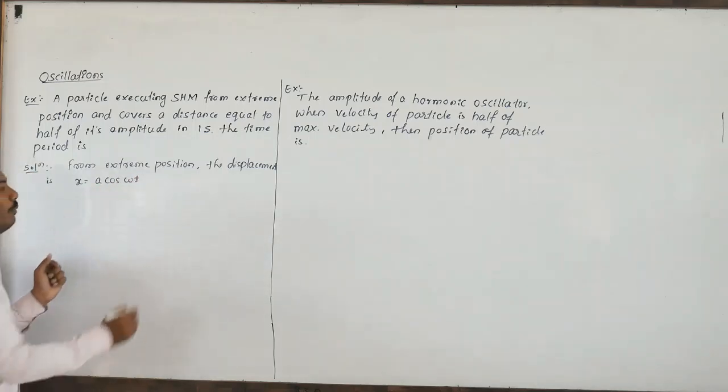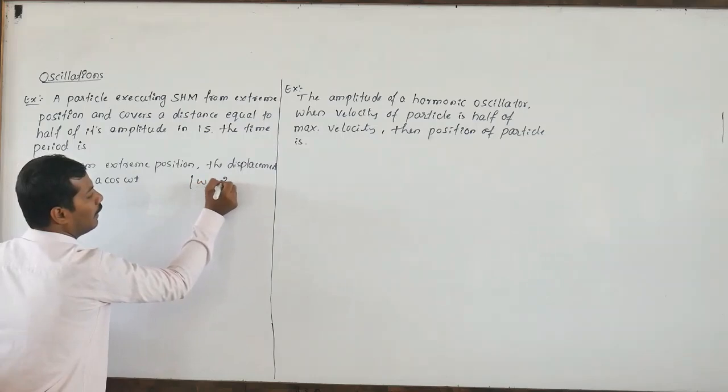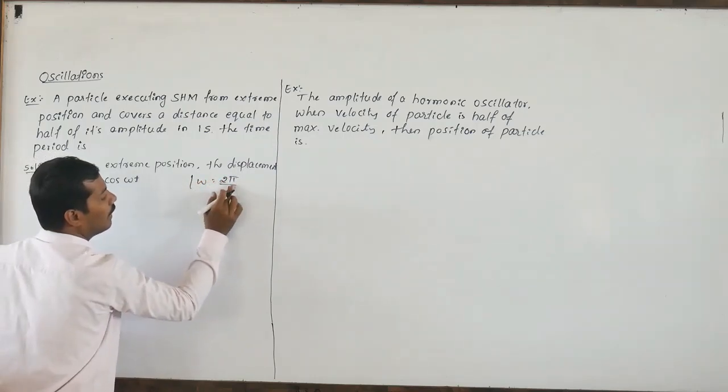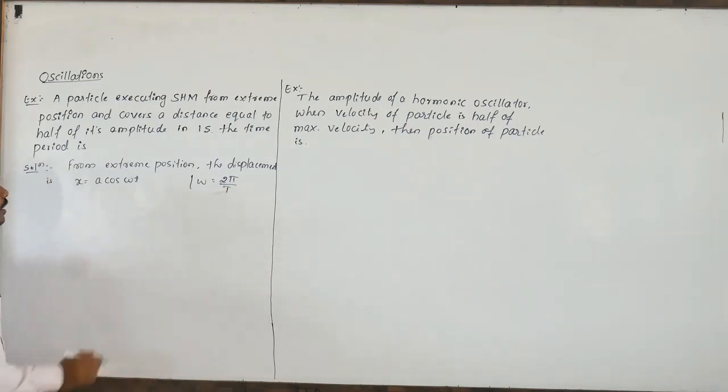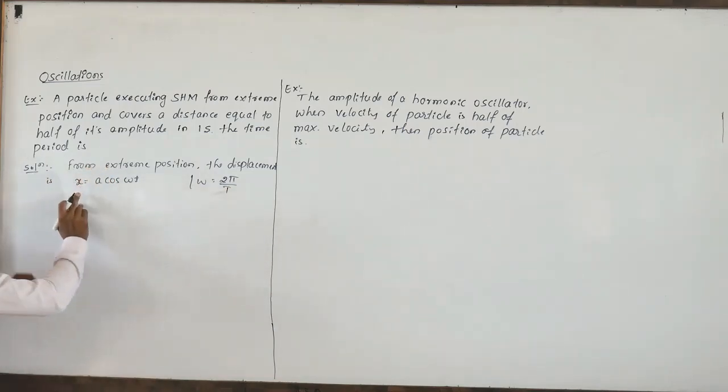Here omega is equal to 2 pi by T, where T is the time period. We have to calculate this time.